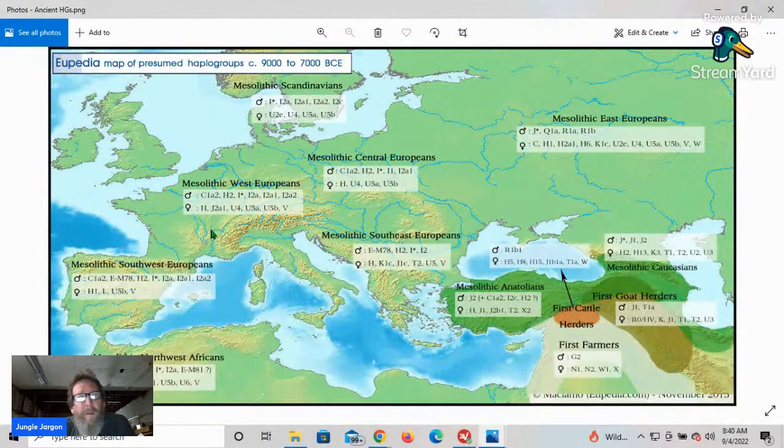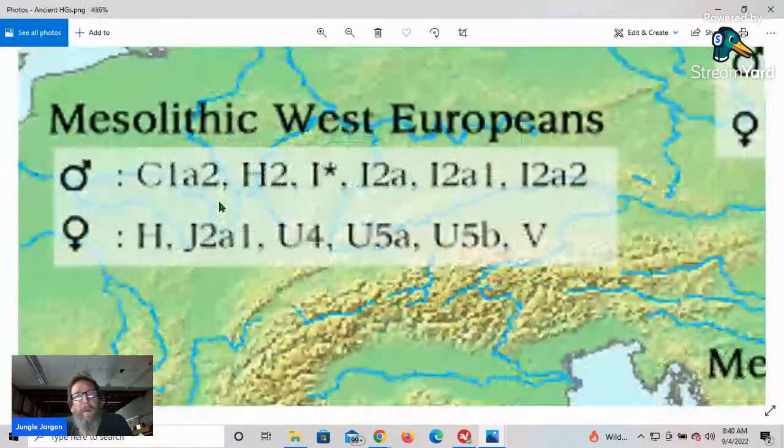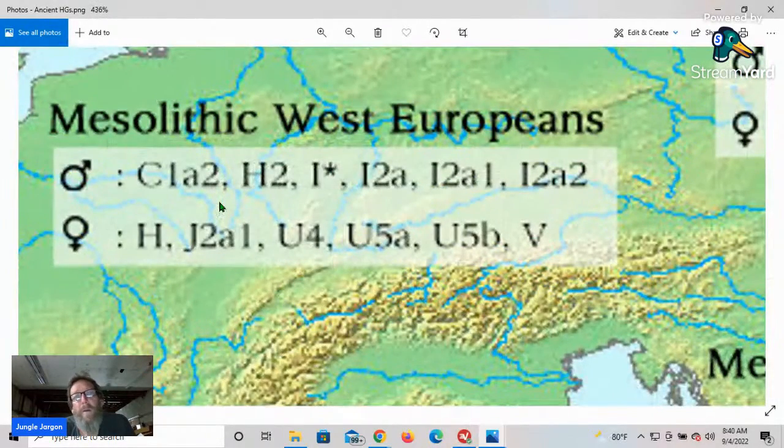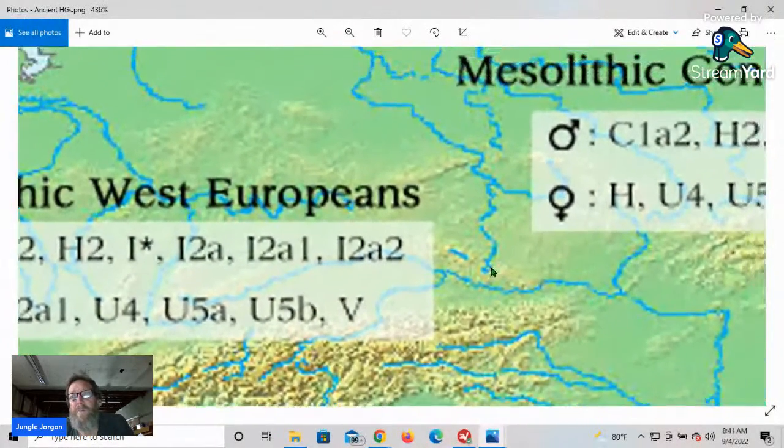So here we have descendants of Nimrod in Mesolithic Europe. You have the C1 in Europe, which is the reason for the Europeans being darker, because, of course, Nimrod's descendants are descendants of Cush.